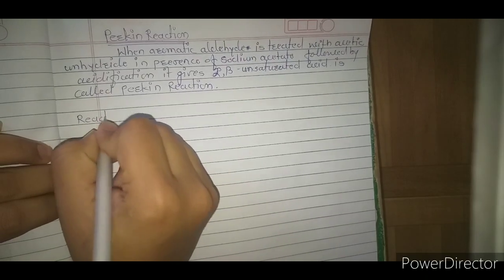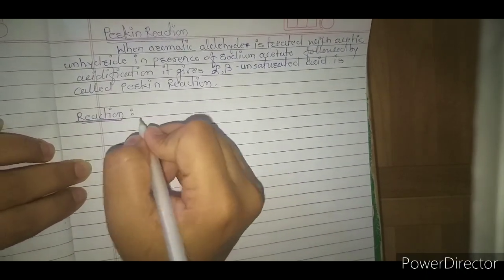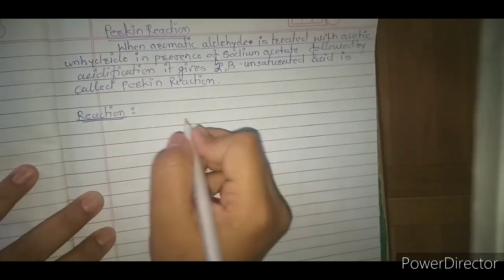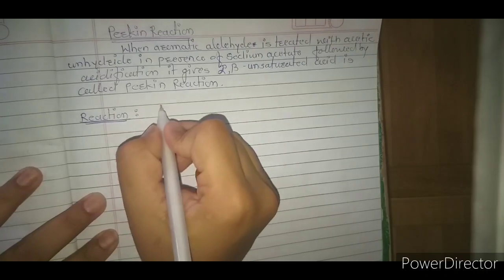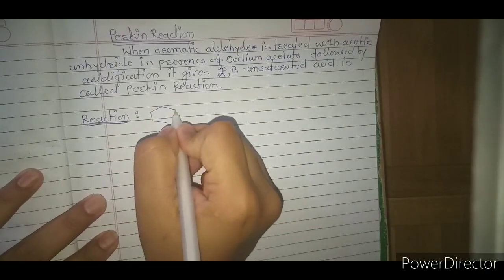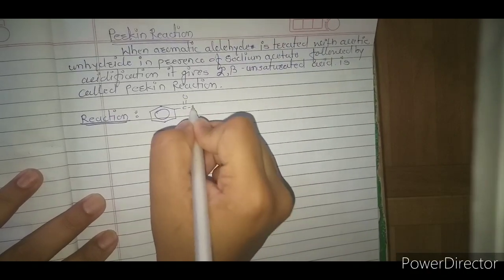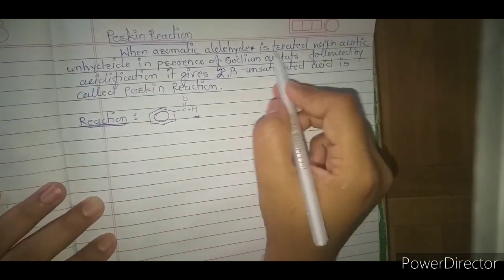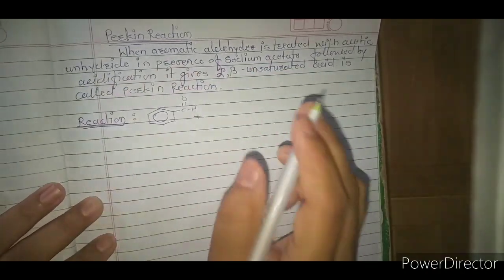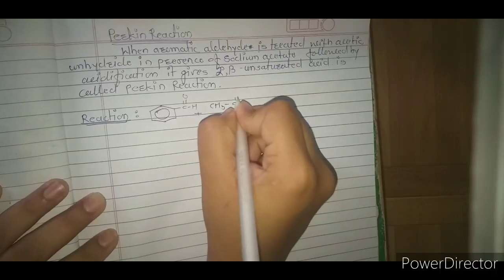What is reaction of Perkin reaction? So take any aromatic aldehyde. Okay, so this is your aromatic aldehyde. It is your benzaldehyde. Okay, it's treated with acetic anhydride. So take acetic anhydride.